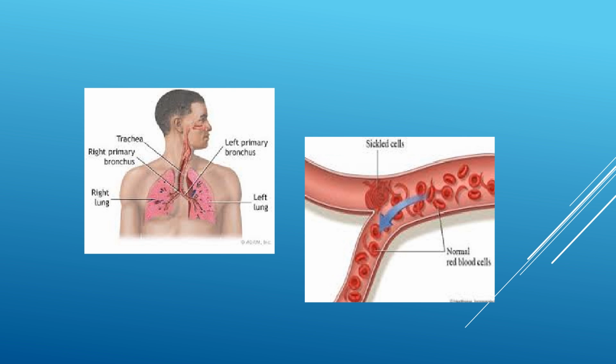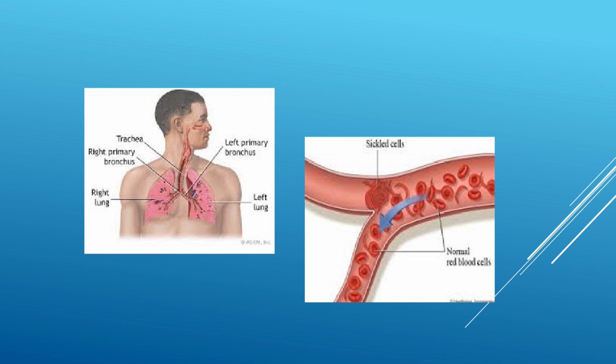The effects on the organ system. Lungs are a main organ affected by sickle cell disease. Those with sickle cell can have asthma and pneumonia, and in occurrences where the bloodstream is cut off to the lungs, or there is an infection, acute chest syndrome can develop.